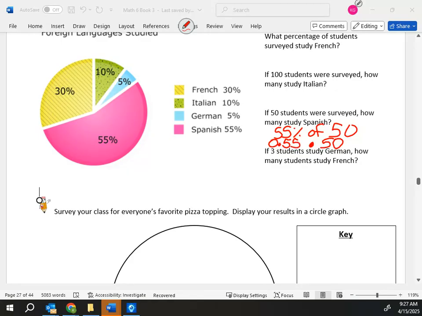So we're gonna do 0.55 times 50. When we do it that way, what do we get, Lila? 27.5. 0.55 times 50? You got 0.5 on there? No, 27.5. Yeah.